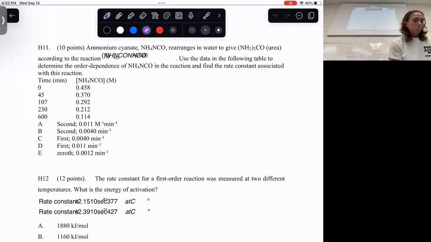That would just be mostly for half-life, I think. To determine the rate, we just need to graph it. So I graphed this first.